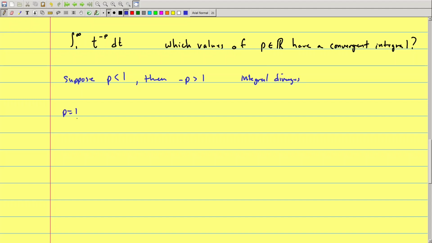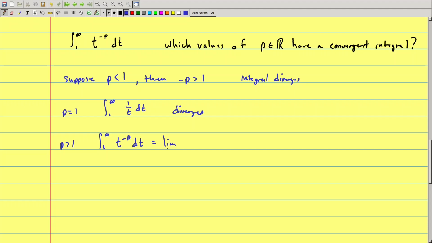Okay, if we set p equal to 1, we have this. We just did this problem, this diverges, right? If p is greater than 1, we can look at what the result is here, okay?